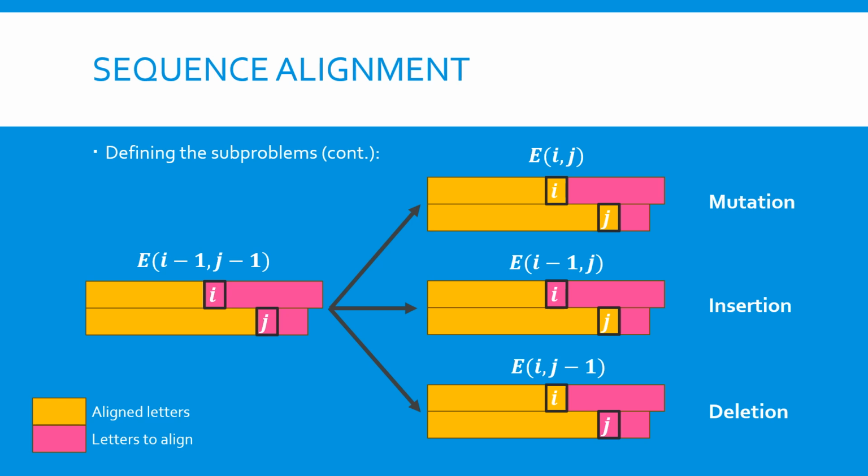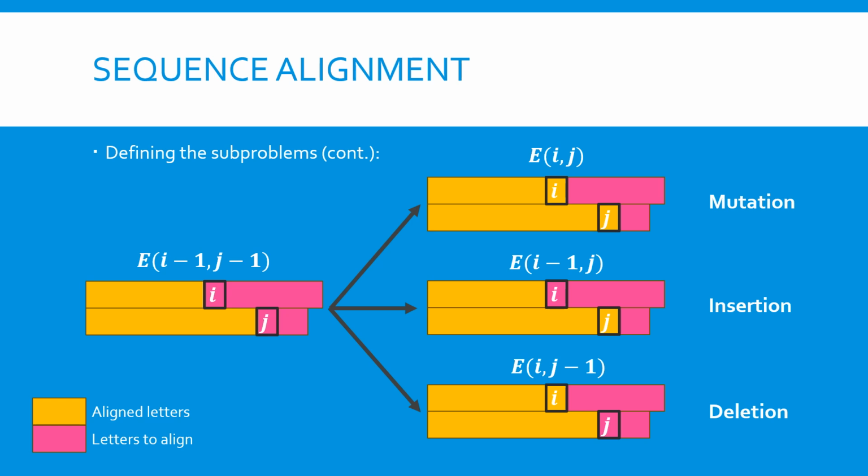By definition, the edit distance between these prefixes is E(i-1, j-1). Now, we are comparing the letters S1i and S2j, highlighted by black boxes. Before making any decisions, these letters remain unaligned.